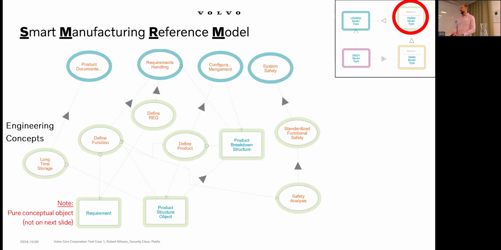Yes, most likely. And what's also interesting is that some objects are interesting to have on the green layer, but might not actually exist in the yellow layer at all. And I'm taking the requirements as an example, very vital here to be able to express that we need requirements to get the processes aligned.